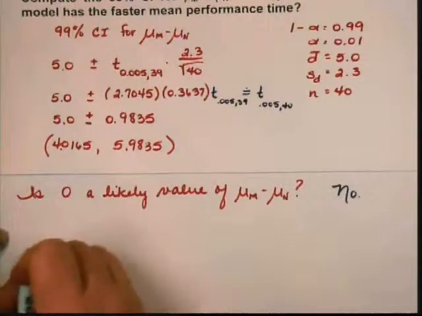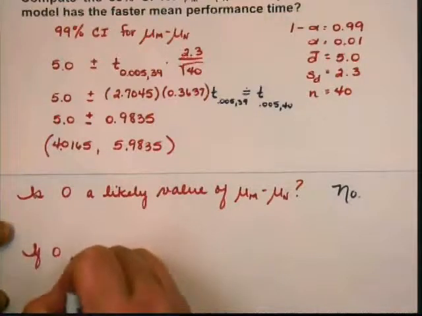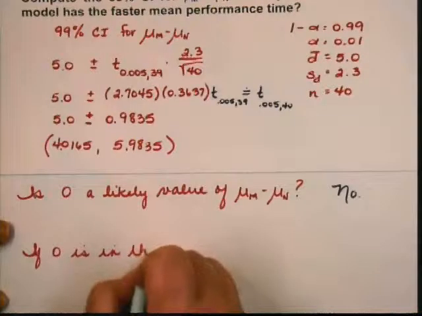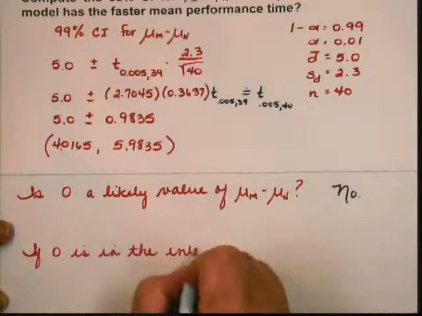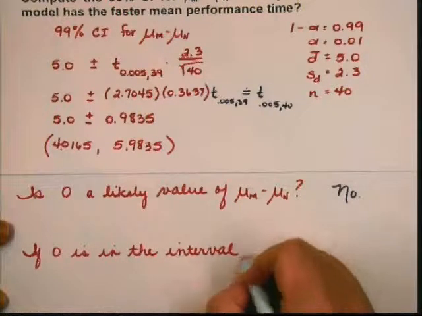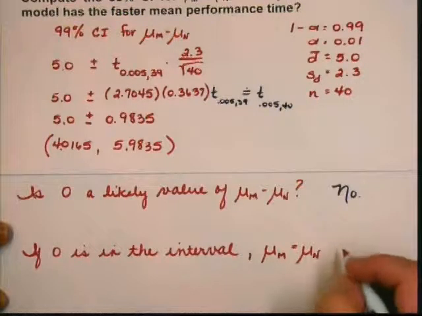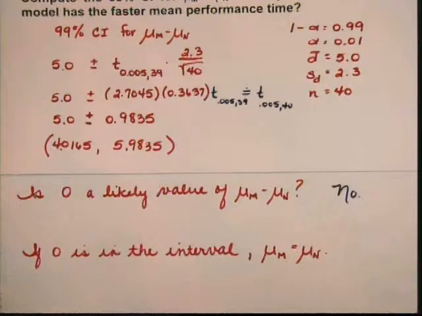Okay? In general, if 0 is in the interval, what would we conclude? If 0 were in the interval, then we would conclude that mu m and mu n are equal to each other, wouldn't we? 0 is the likely estimate of the difference, so therefore we cannot conclude they are different.